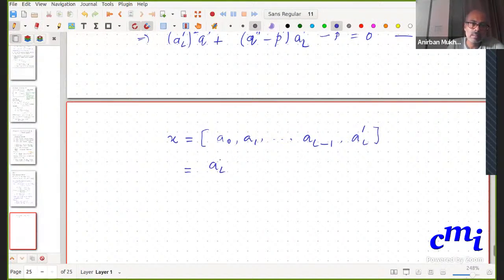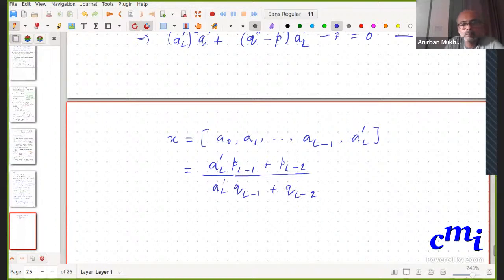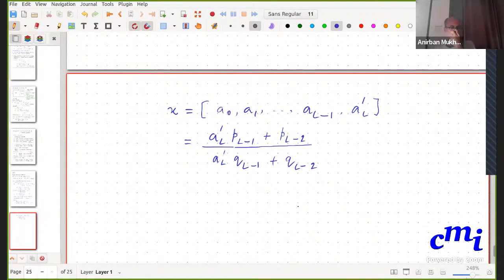So for a_l dash, we should have X equal to (P_{l-1} a_l dash plus P_{l-2}) divided by (a_l dash Q_{l-1} plus Q_{l-2}). So that's the relation between a_l dash and X.